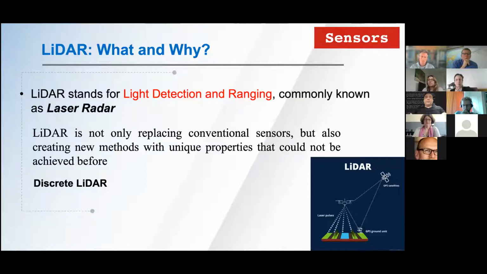As I said, LiDAR is one of the most influential technologies in recent years. So there is a lot of development there. It has been used in many directions and many applications.